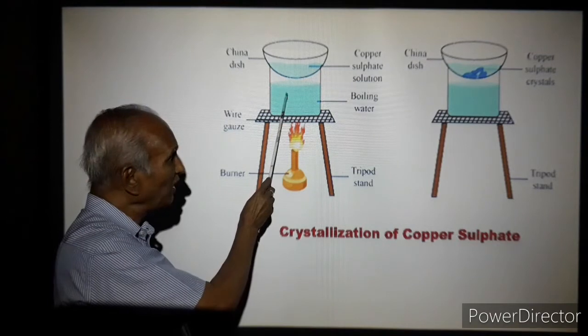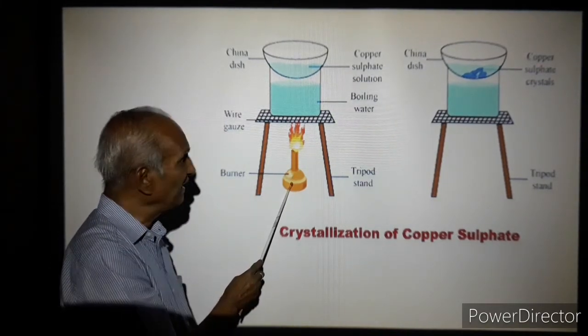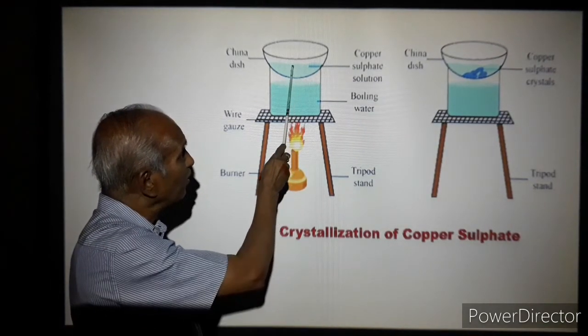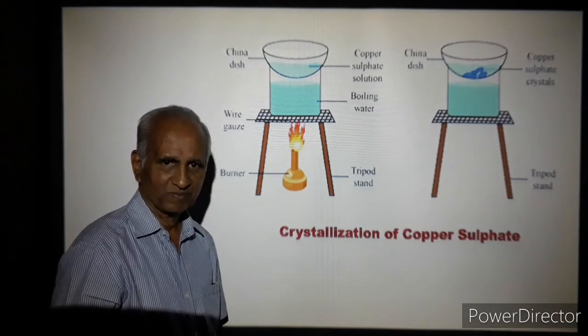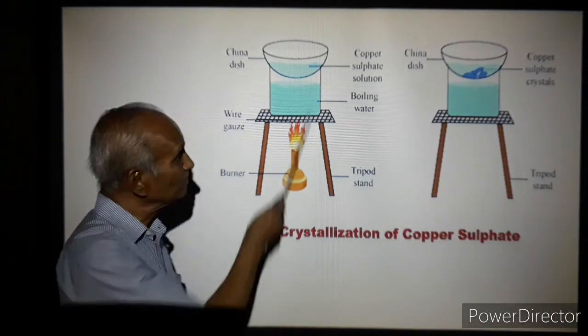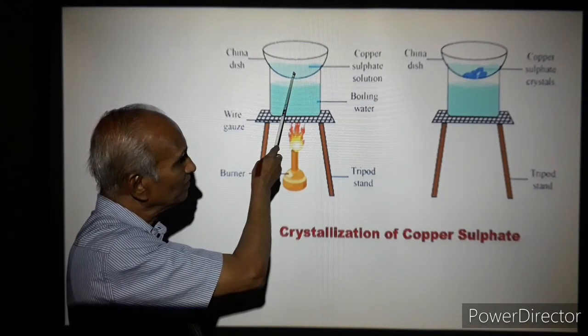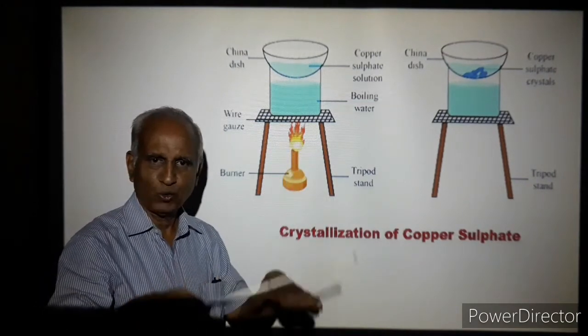Water will be boiling because you have the burner here. From this boiling water, the copper sulfate solution slowly catches up heat. The temperature increases. And you add copper sulfate to it. Remove the burner, slowly the solution will start cooling down.